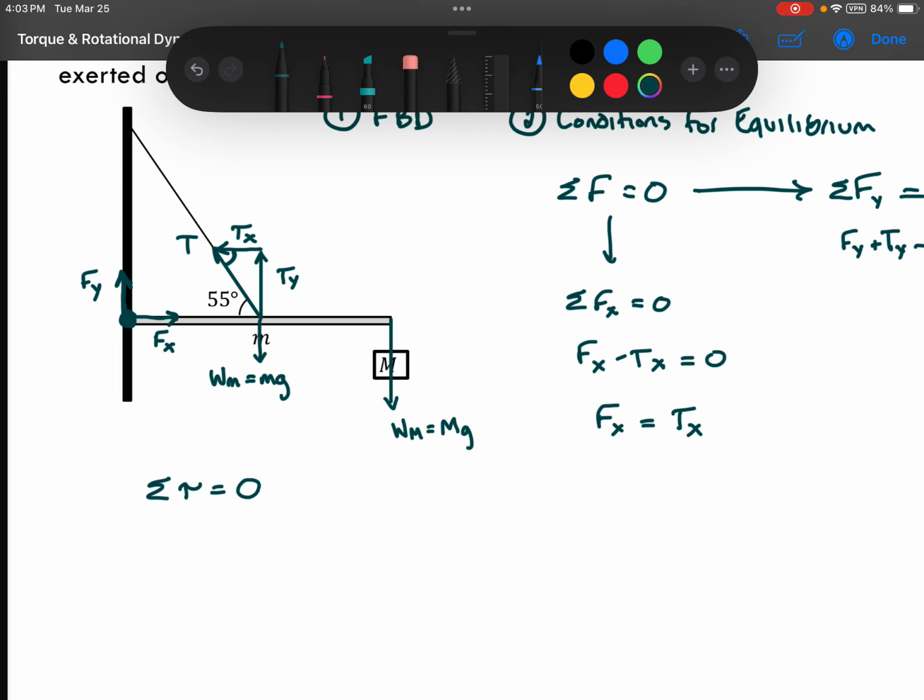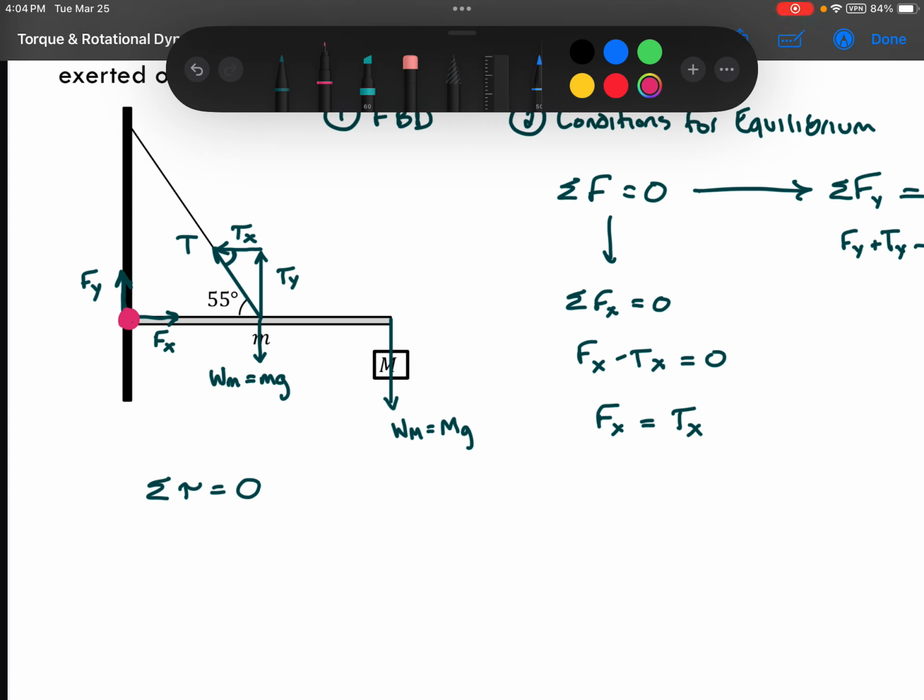And so we're going to choose a location where we have unknown forces or maybe just forces in general, so that those forces will not contribute to the net torque, because remember, torque was RF sine theta, so it had to be away from the axis of rotation to cause a torque. And so I'm going to choose, since we don't know anything about the force on the bar from the wall, I am going to make my pivot point over here on this far left side.